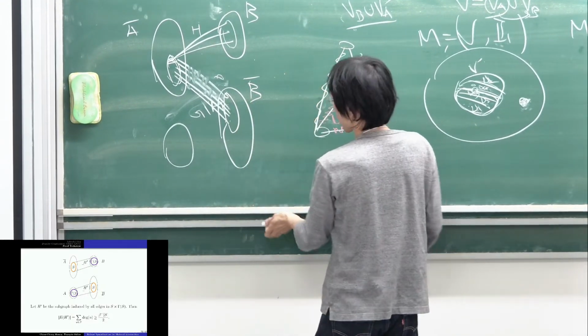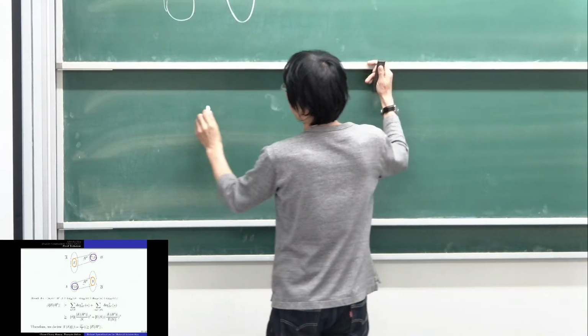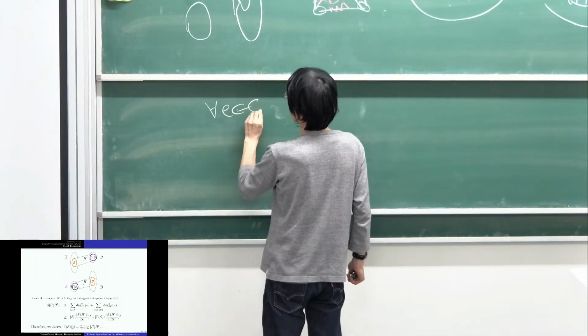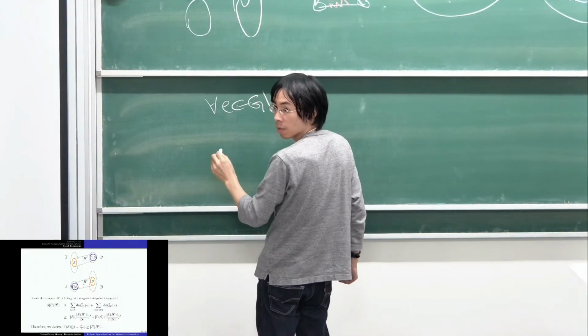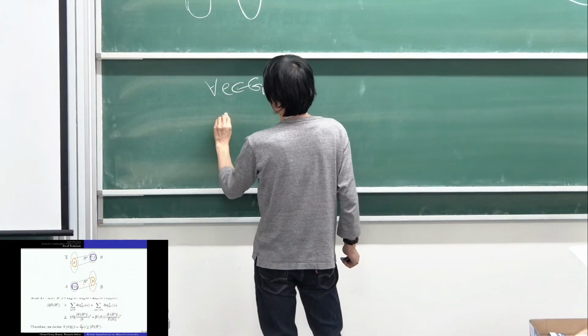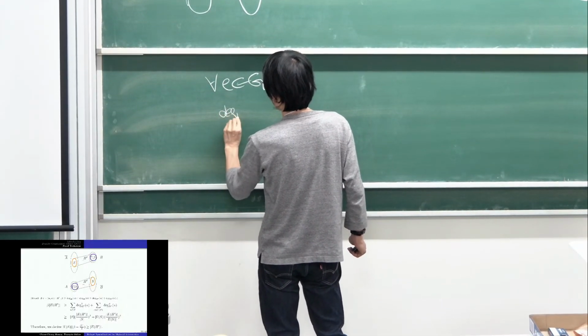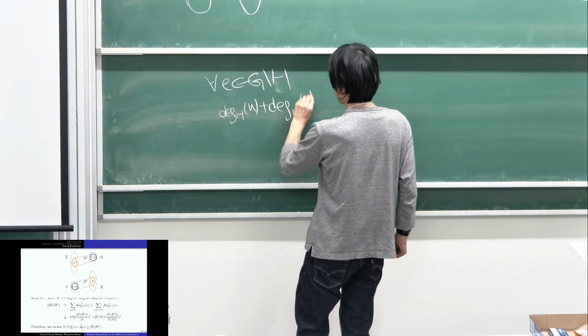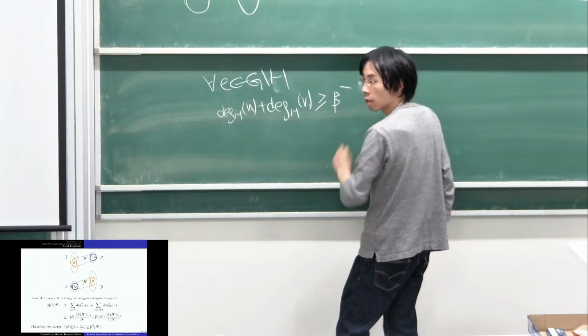The condition is that, for every edge that is missing, the degree in H of U plus the degree in H of V is at least beta minus.